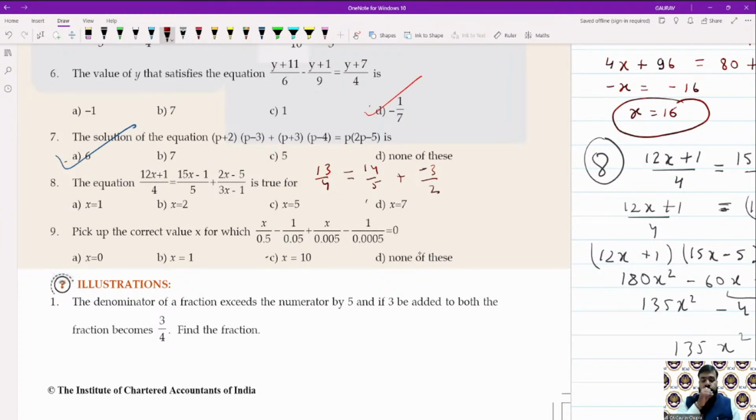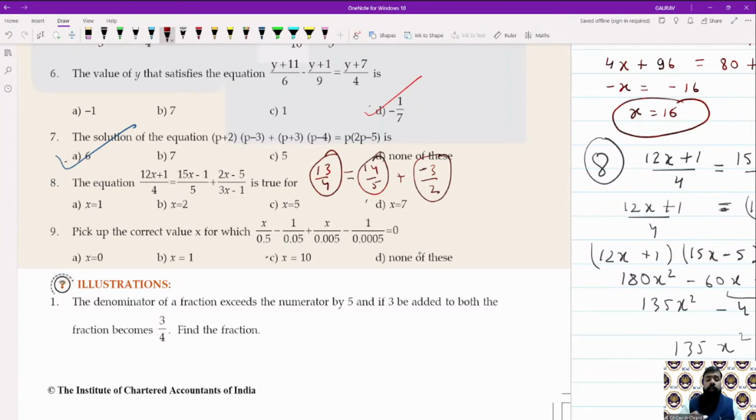So will we get 13 by 4? No, clearly no, because we are having 14 by 5, which is less than 3. And if we subtract 1.5 also, we will get a further value less than 2. But here we are having 13 by 4, which is more than 3. So option number 1 is incorrect.